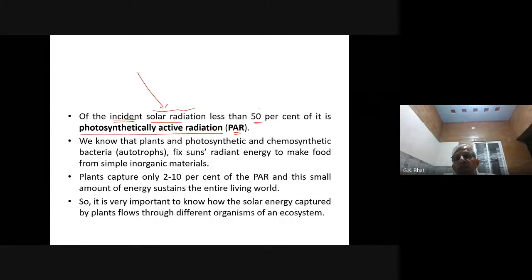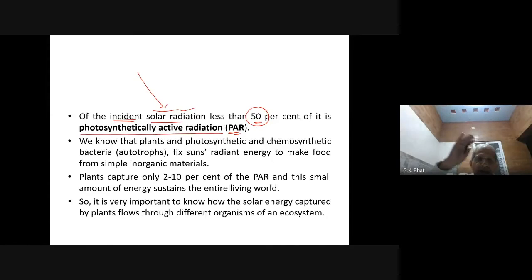Always ask a question, what is PAR? Much of the light that strikes the plant surface is reflected back and not at all absorbed.